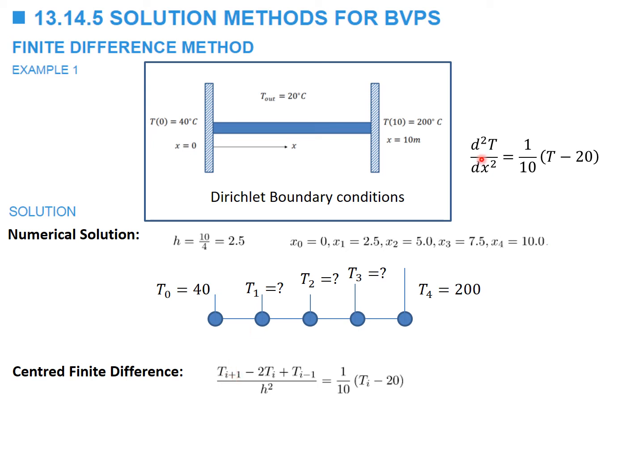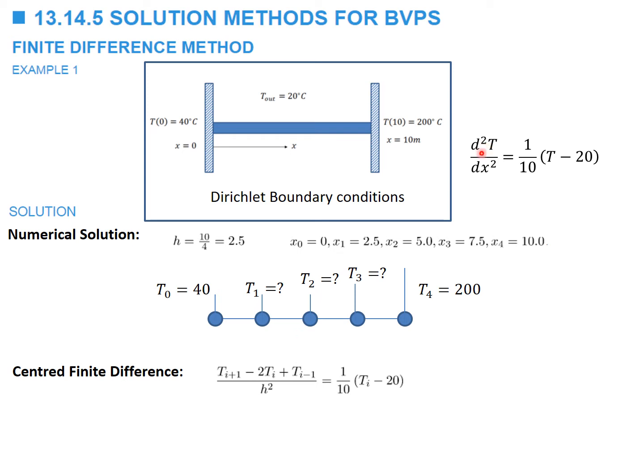At a particular point, let's say x sub i, it is equal to T sub i plus 1 minus 2 T sub i plus T sub i minus 1, divided by h squared, where h is the size of the increment. The size of the increment here is equal to 2.5.